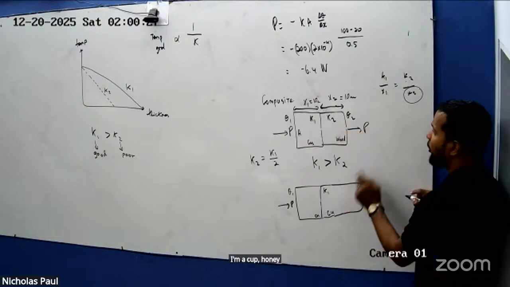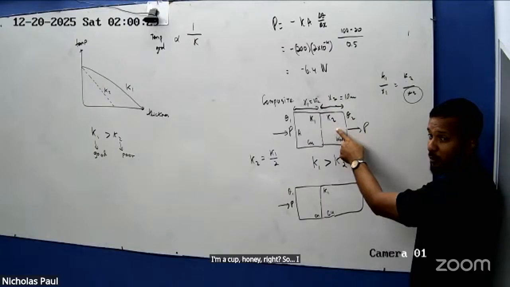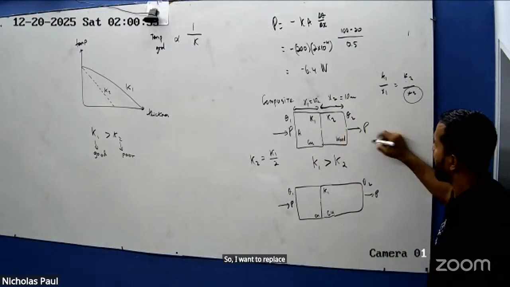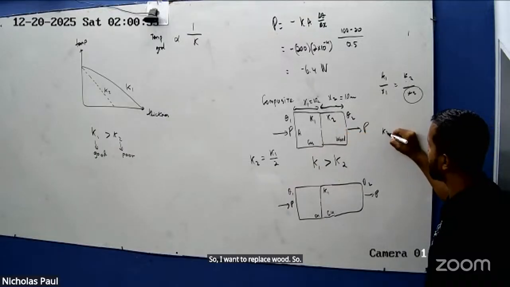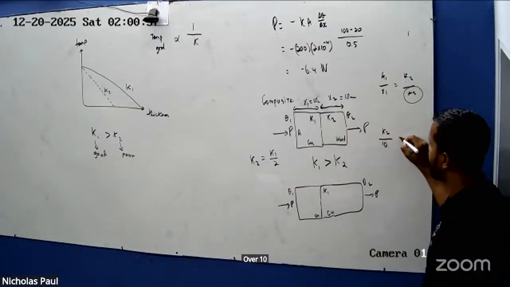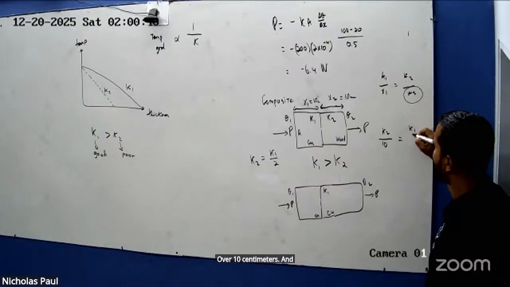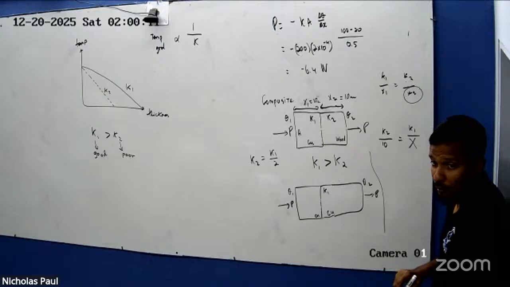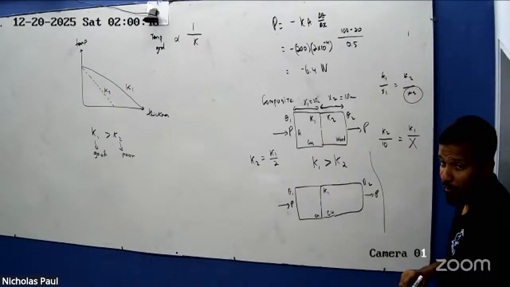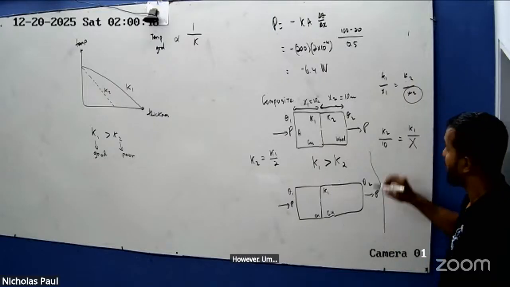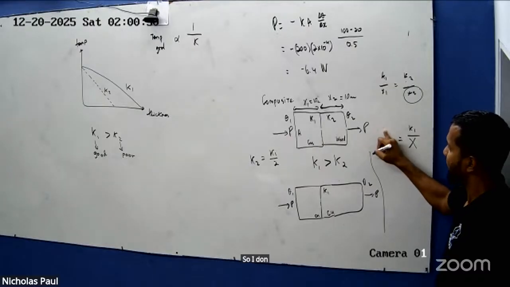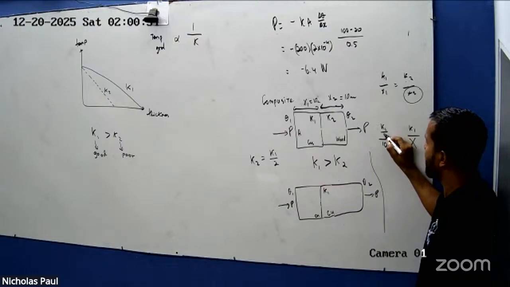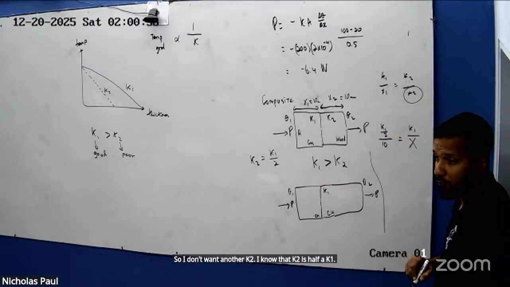I want to replace wood, and wood is a bad conductor. So wood is K2 over 10 centimeters, and I want to figure out how much K1 I need. I know that K2 is half of K1.